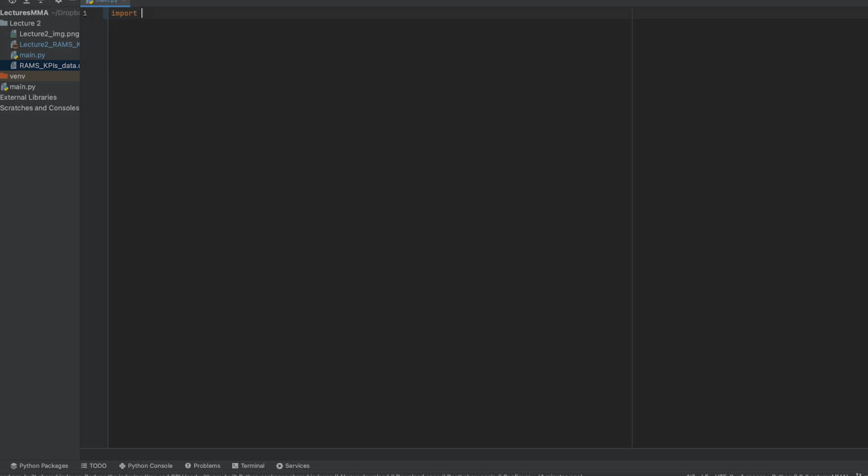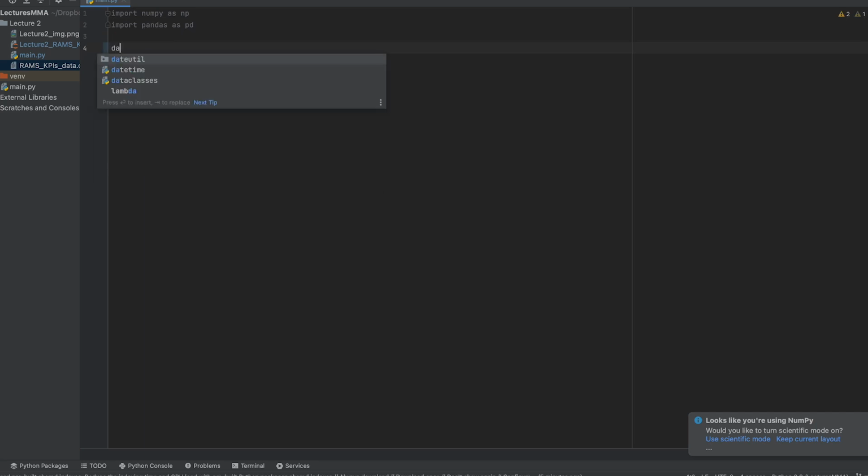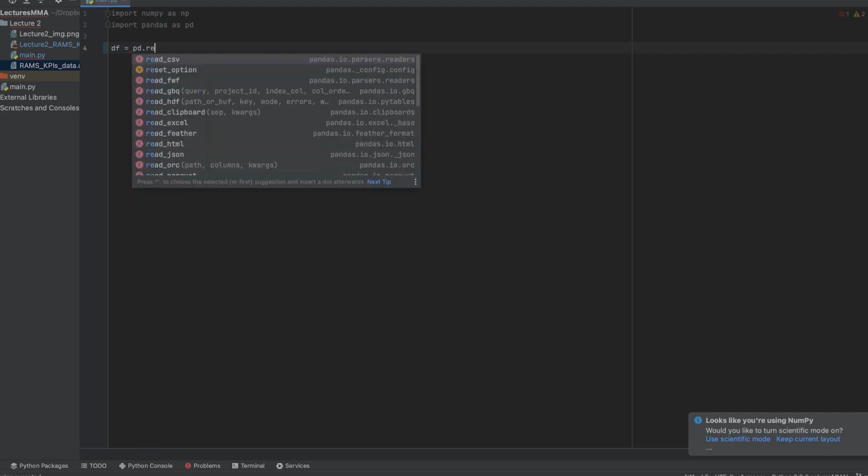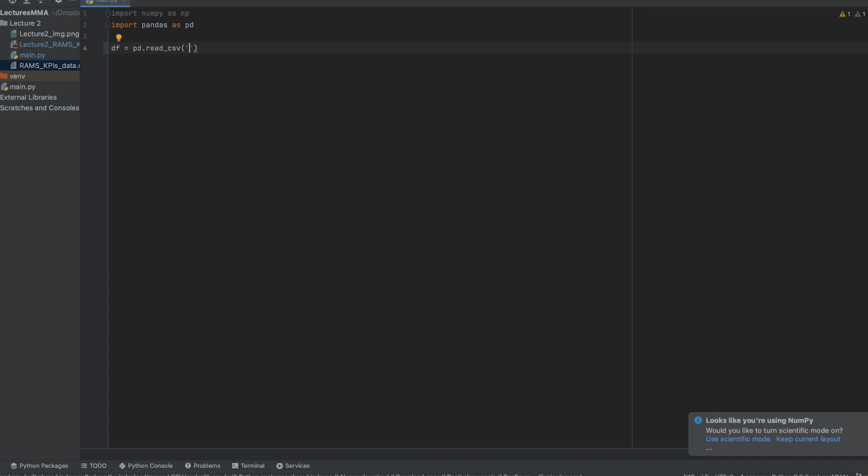Start by importing libraries, and in this case I'm just going to use NumPy and pandas. And we are going to read our data frame. So we are going to read using pandas our CSV.